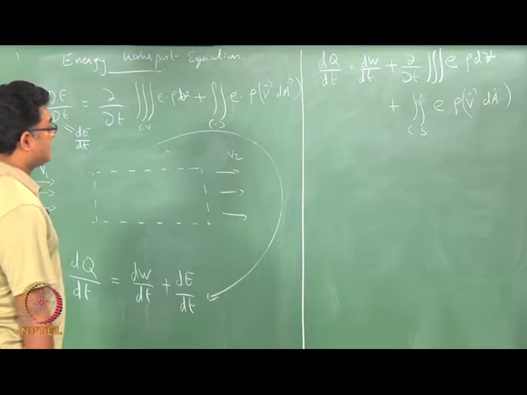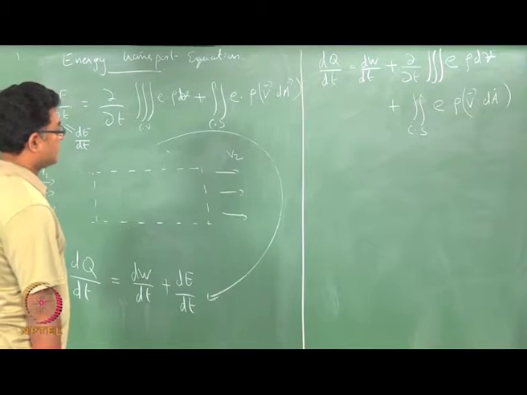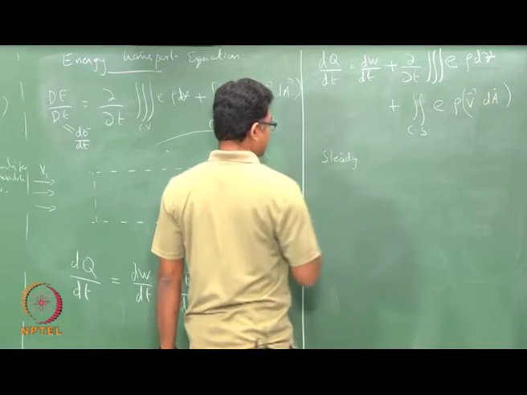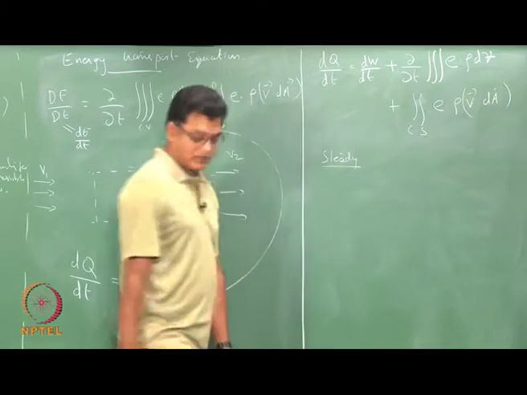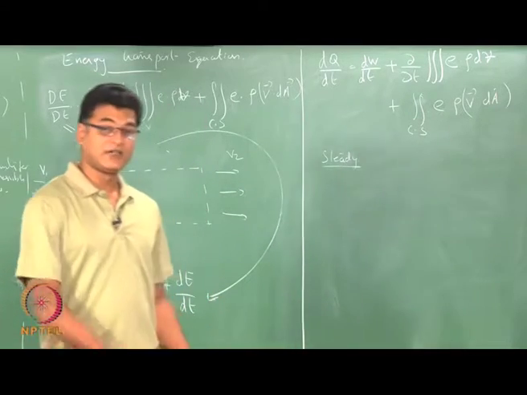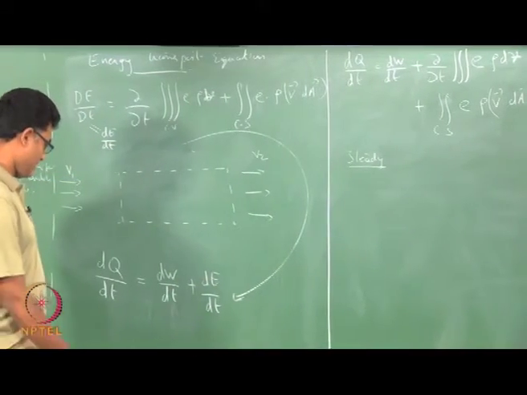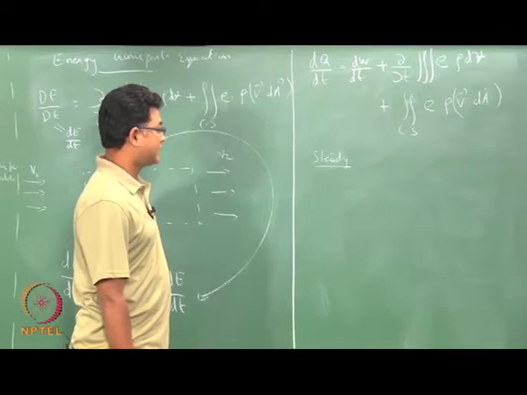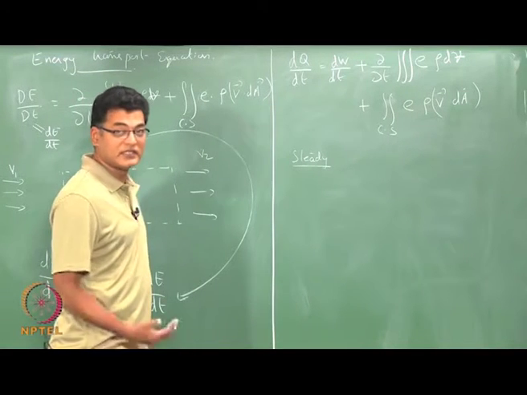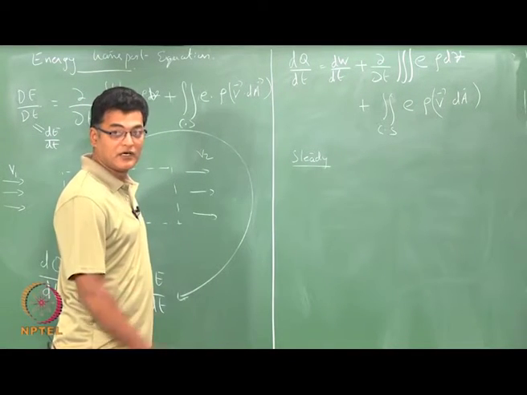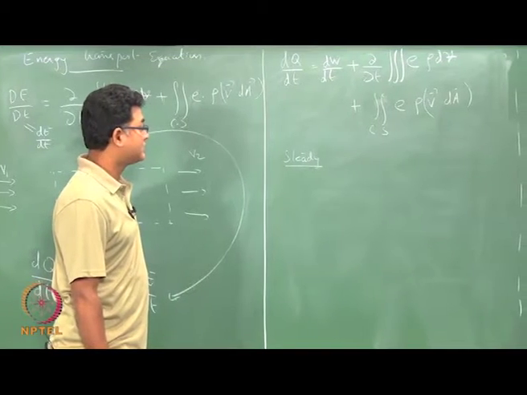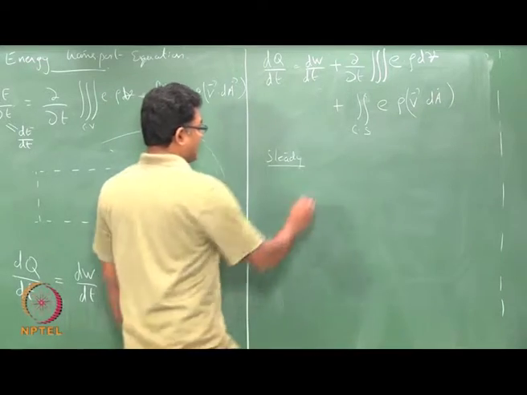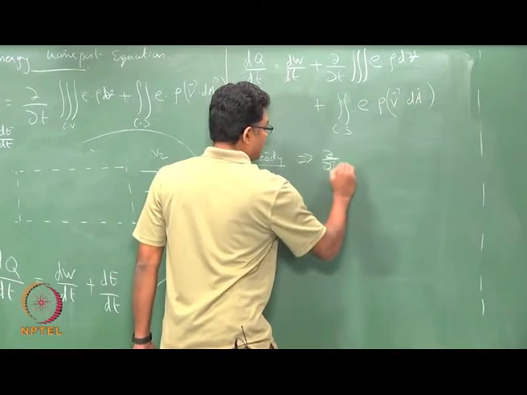So, the first assumption is steady, because in this course we will concentrate on steady phenomena in compressible flow. The unsteady part brings in other interesting dynamics which we are not going to discuss in this course, most likely. Steady implies ∂/∂t equals 0.